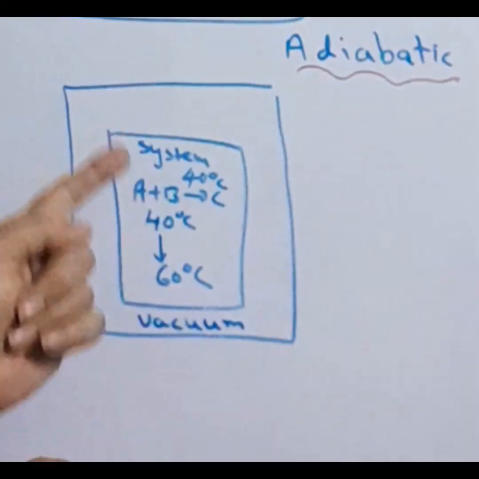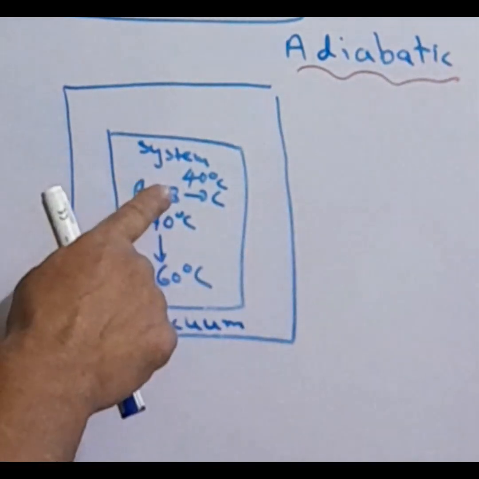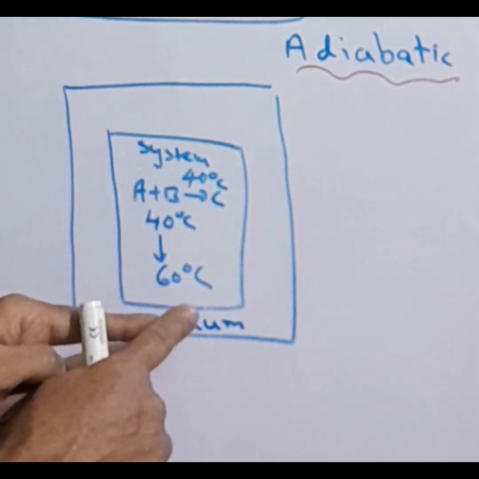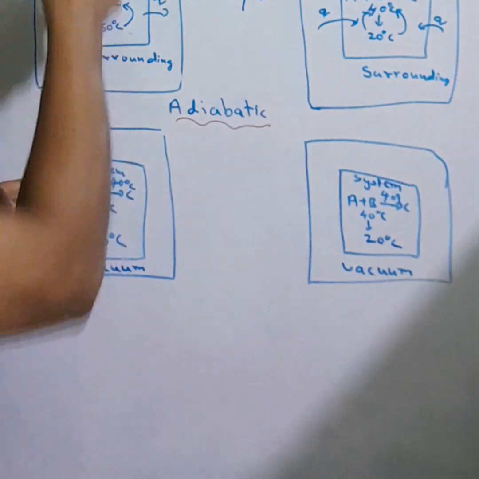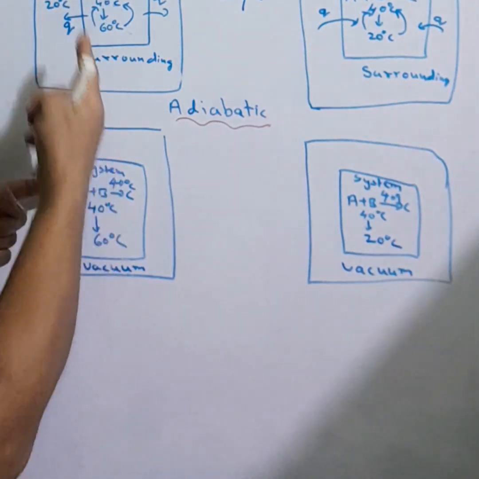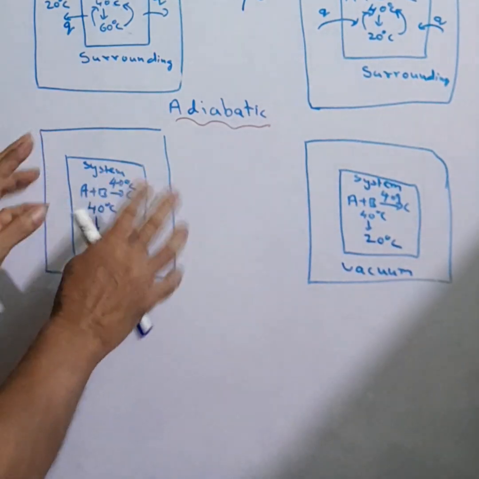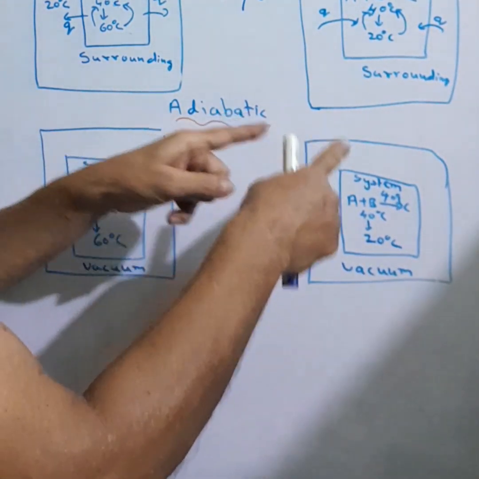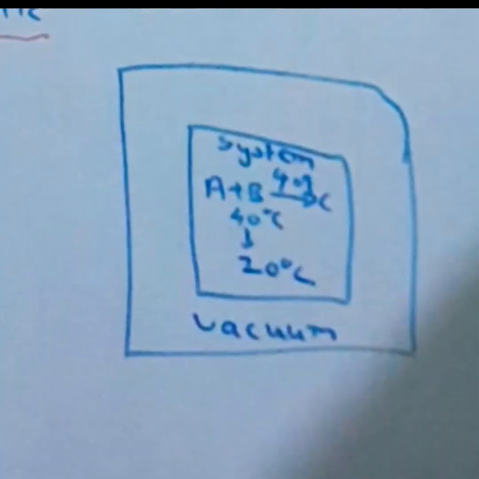In this case we are talking in terms of exothermic. The temperature rises, it stays there only because surrounding is not there to take that Q out of it. Same thing happens here also. It gets cooled, surrounding is not there to provide Q to it.